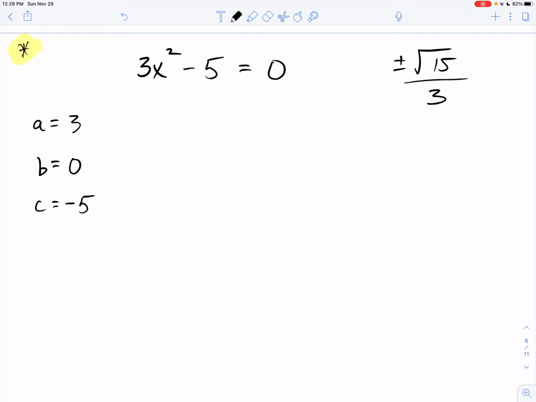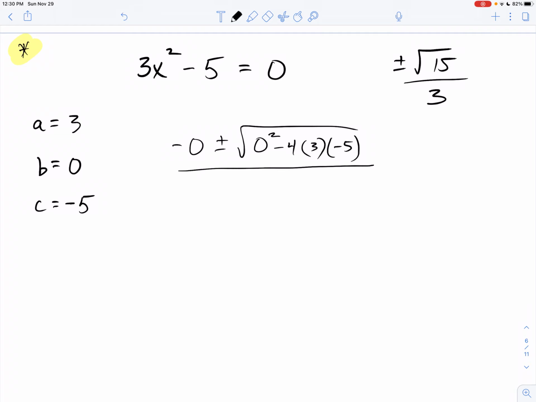Let's rock and roll. I got negative nothing plus or minus square root of nothing squared minus 4 times a times c all over 2a, right? 2 times a is 6. So let's see, there's nothing here.